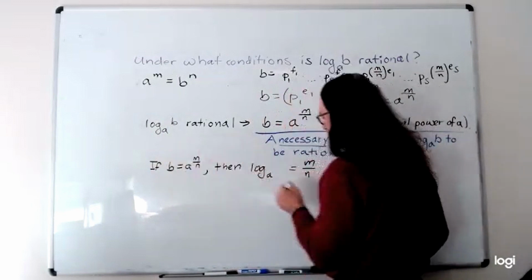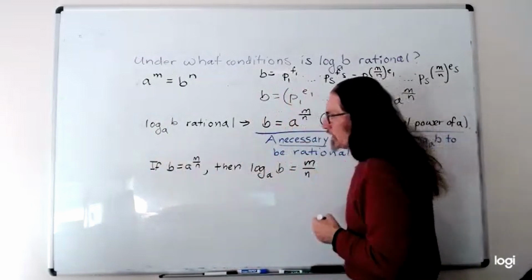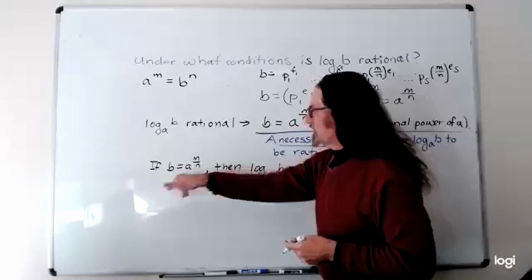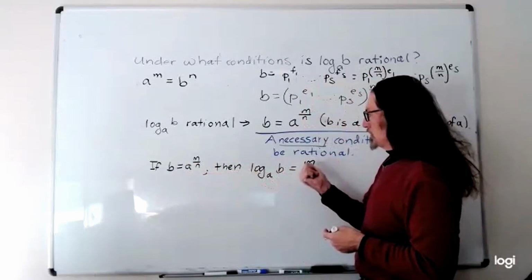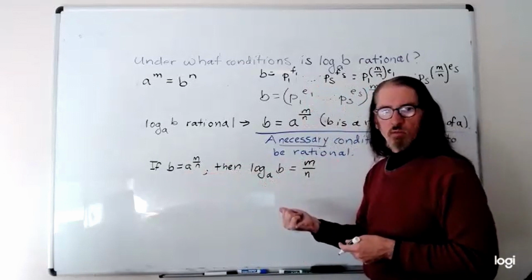By a process of elimination, we're talking about B here. So if we have that B is a rational power of A, then yes, the log of B base A will be rational.